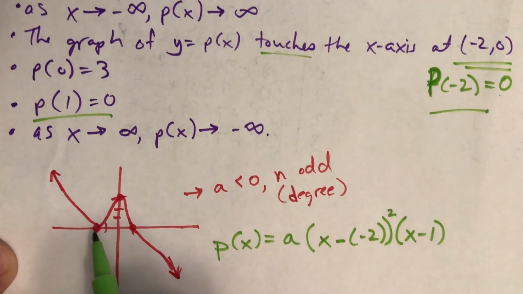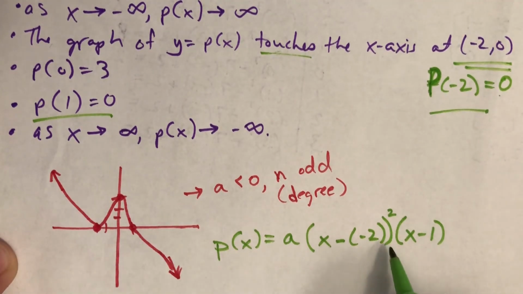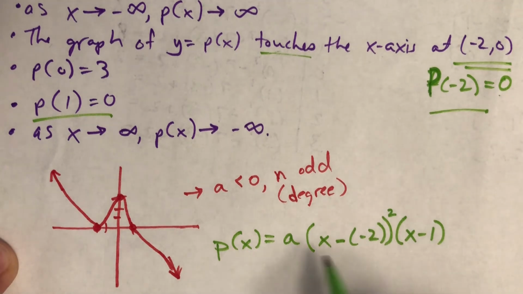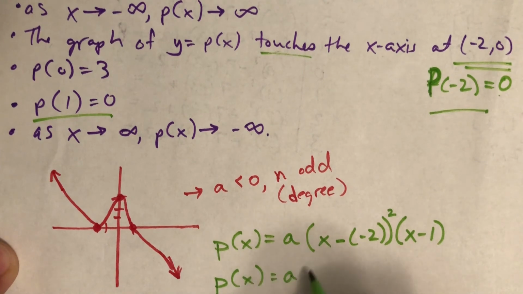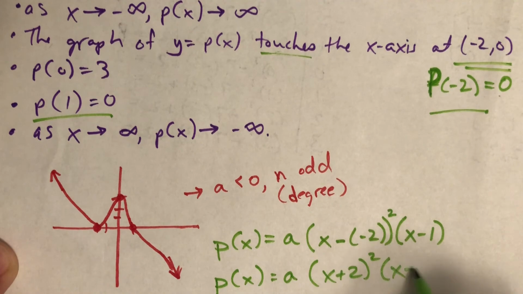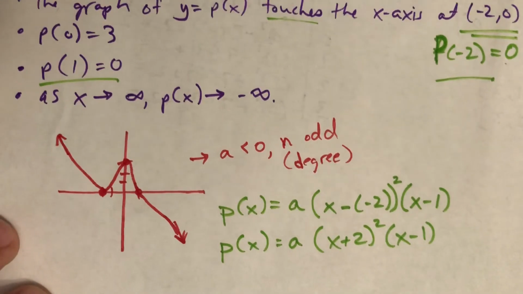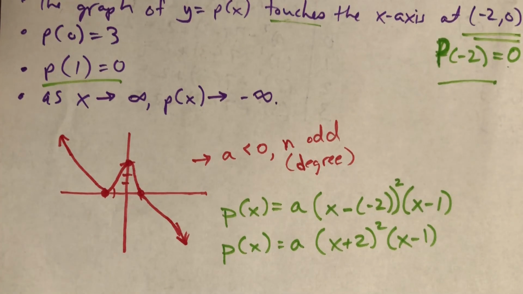If the graph only touches at the 0, it has to have even multiplicity, so we just tack a 2 up there. Cleaning this up, we've got p of x equals a times x plus 2 squared times x minus 1. We're just about there.